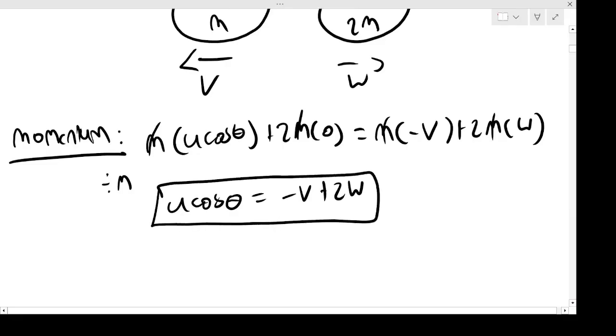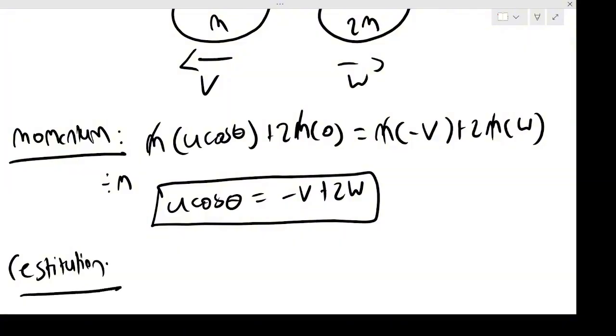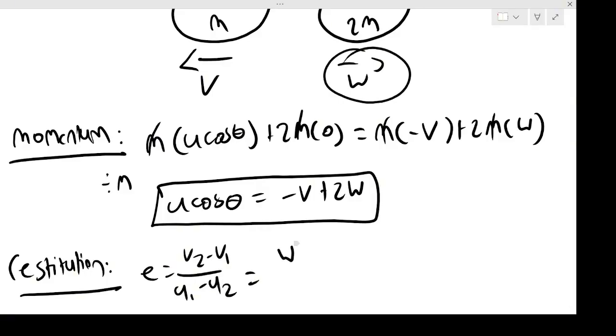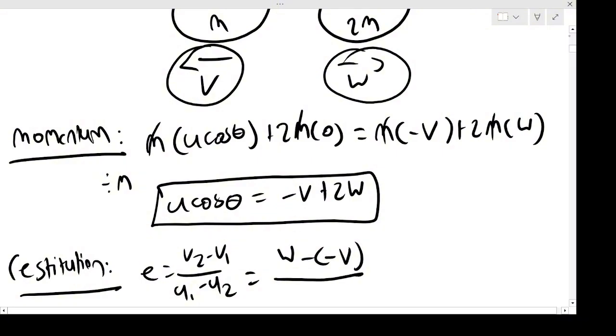Then restitution. That's E, which is V2 take away V1 over U1 take away U2. In this case, we have W take away V, but V's in the negative direction, so it's W plus V. Then U1 take away U2 is just U cos theta take away 0.